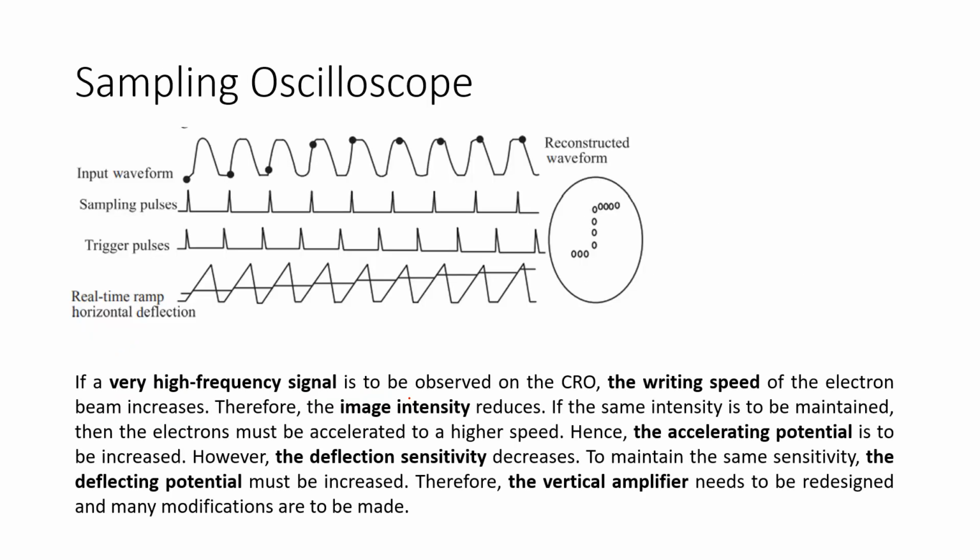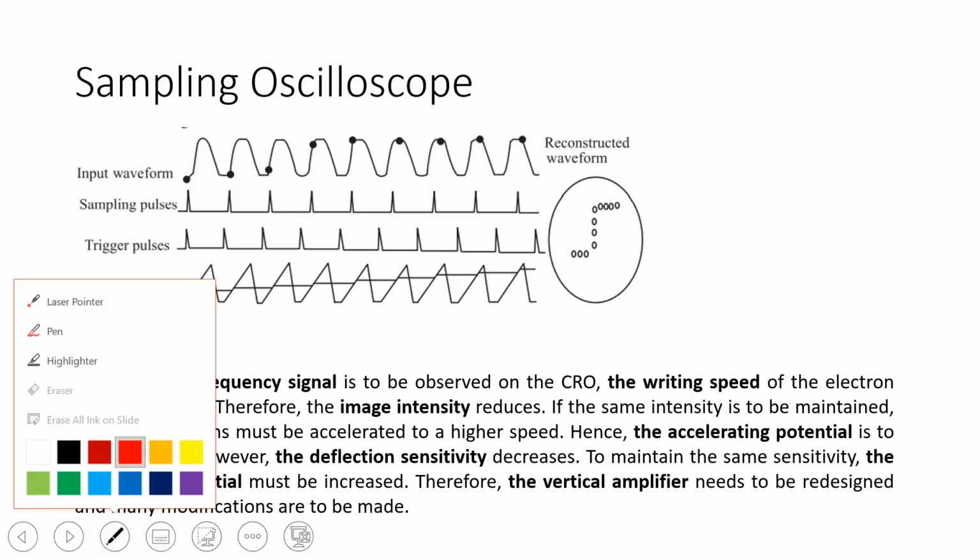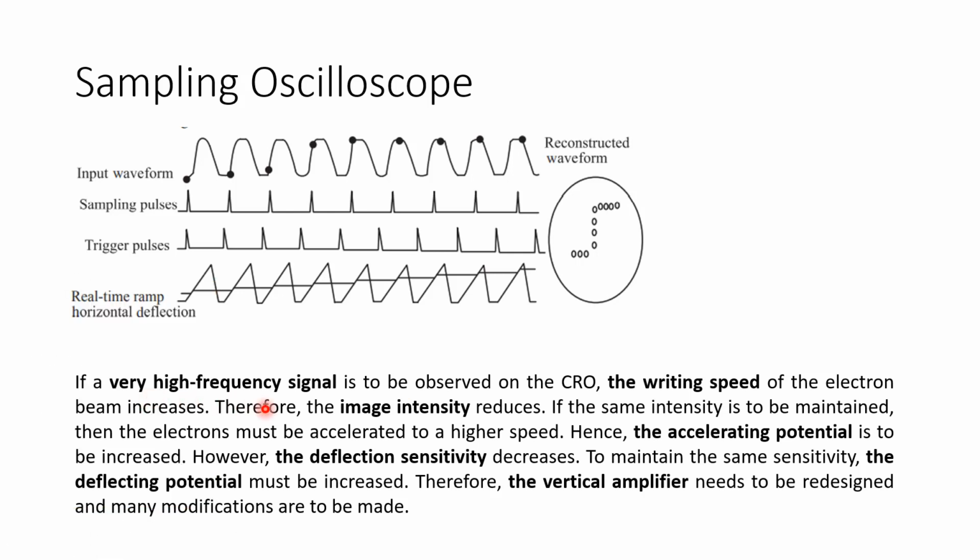After we talked about the dual beam CRO and dual trace CRO, the important thing in special type CRO is the sampling oscilloscope. If we want to observe a vertical high frequency signal, the writing speed of the electron should be increased, because in this case we deal with a high frequency signal.